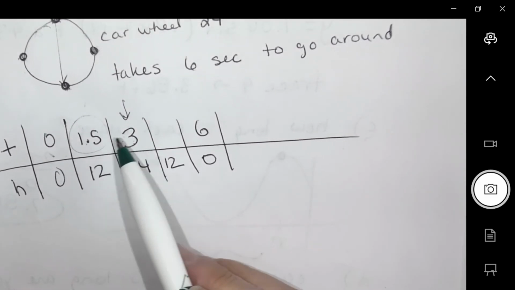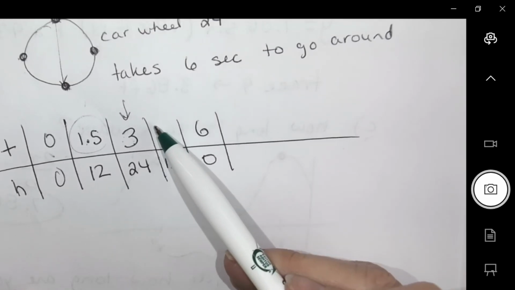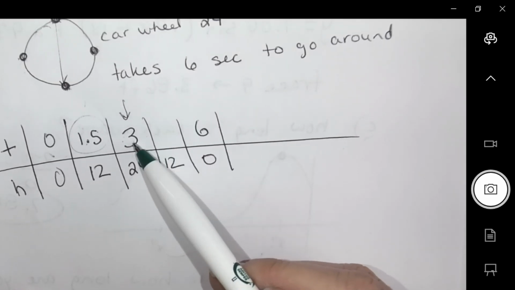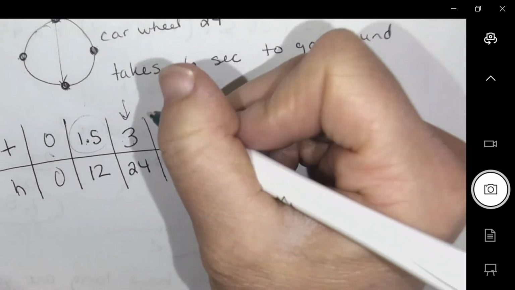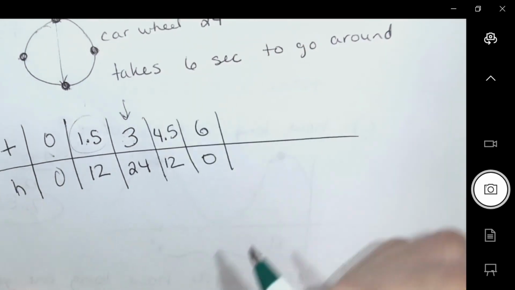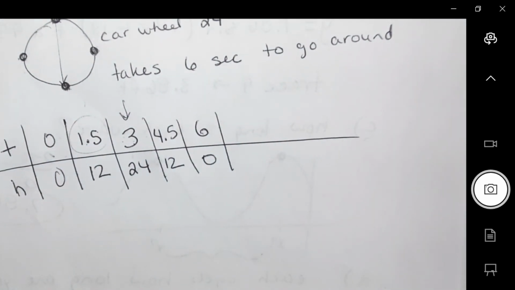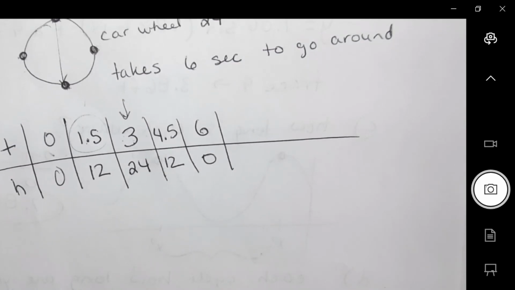Because what's the average of 0 and 3? 1.5. What's the average of 3 and 6? 4.5. Okay? So there will be some stuff on your test where I'm creating a situation and you have to figure out the table or drawing me a sketch with those points on it.